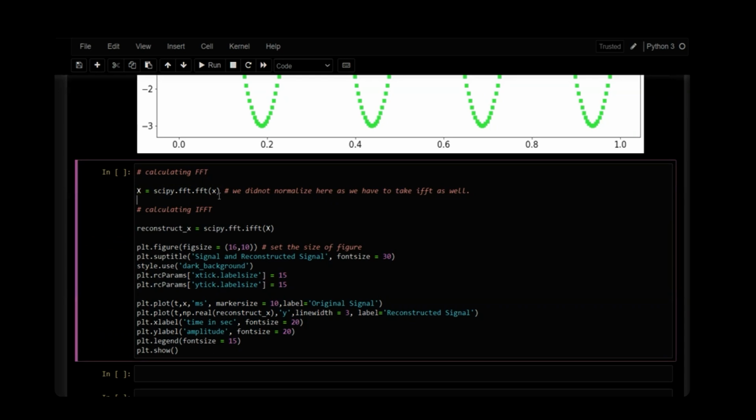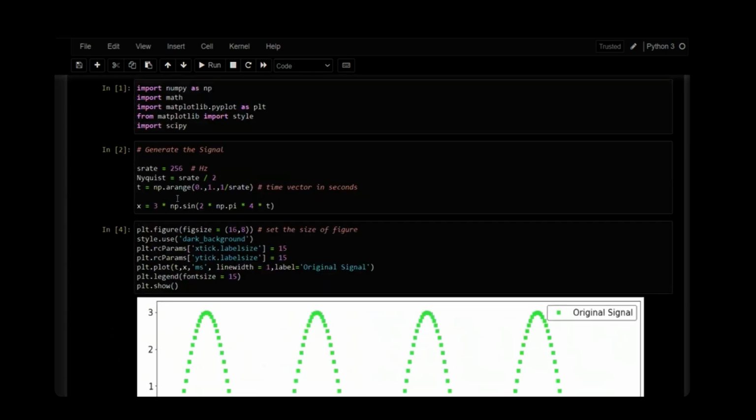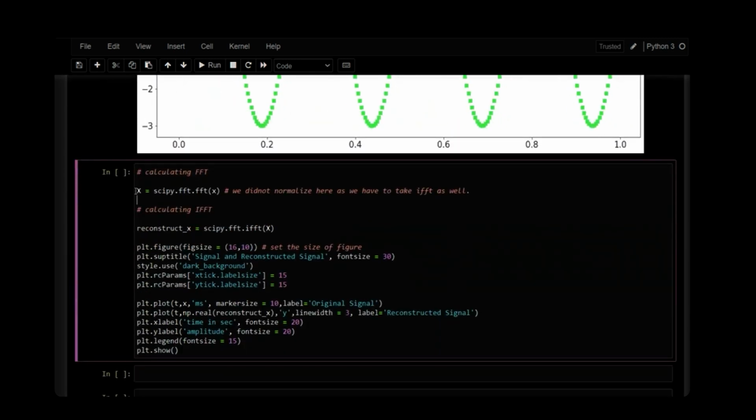Now, using the Fast Fourier Transform, we know that the command is scipy.fft.fft of x. So here, this step is calculating the Fourier transform of our generated signal. And we know that we have denoted this signal by small x. So small x is our original signal and capital X is the Fourier transform of our original signal. Now, the next step is to calculate the inverse Fourier transform of this capital X, which is the Fourier transform of this small x.